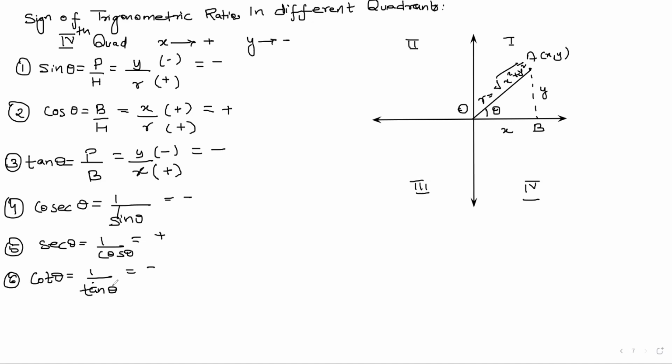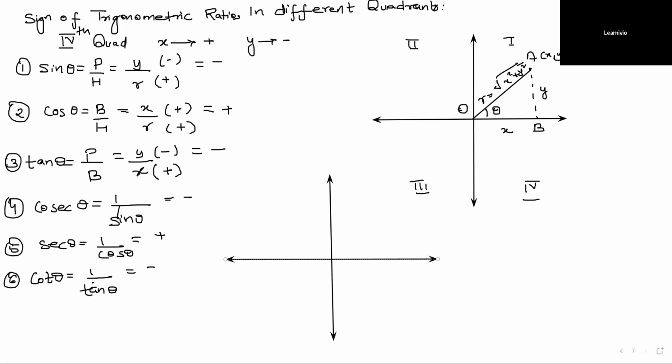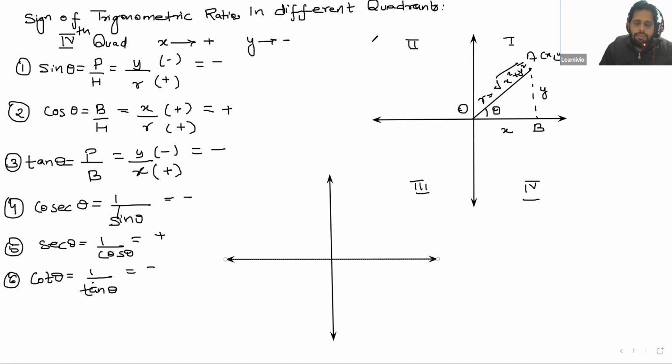Okay, very good. Now we will summarize the results. Can you remember these results? Always remember this phrase: all, school, to college. In the first quadrant, A means all are positive.